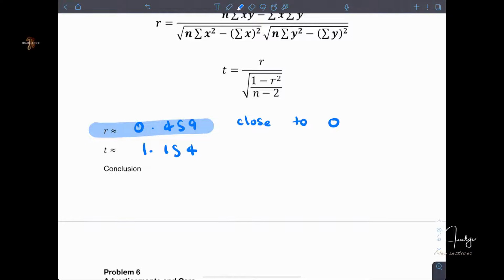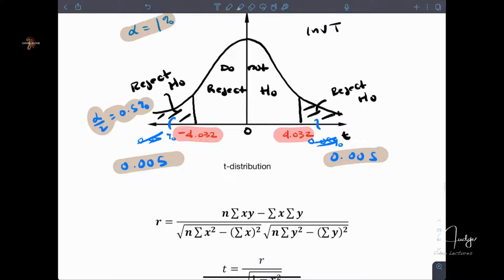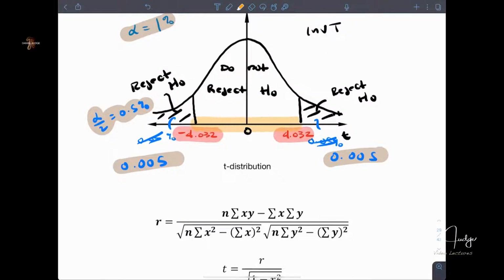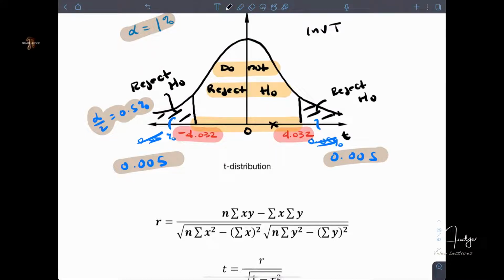So we got the R value. We got our test statistic, 1.154. And you say, where does 1.154 live? Well, remember, any test statistic between your critical values, you do not reject the null. And 1.154 is positive, but it's not quite past the 4.032.